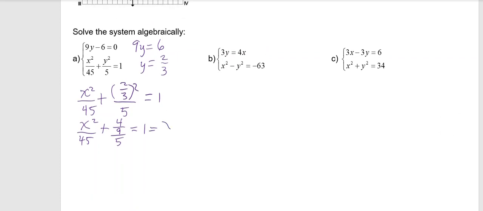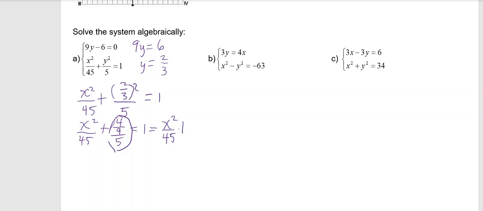So x squared over 45. And then when I simplify this complex fraction, it's a complex fraction because it's got a fraction in the numerator, that would be 4/9 divided by 5, which, as you remember, is 4/9 times 1/5. Oops, that's plus.